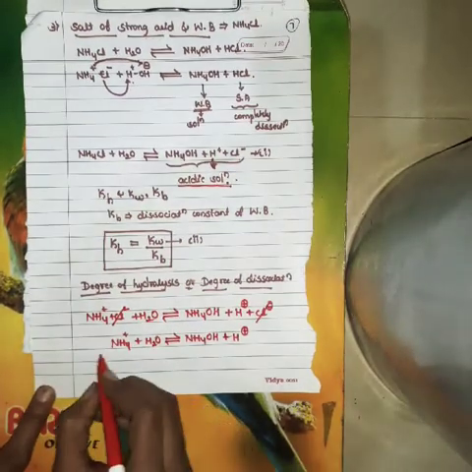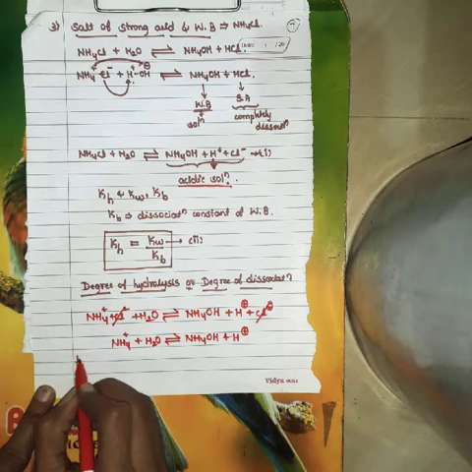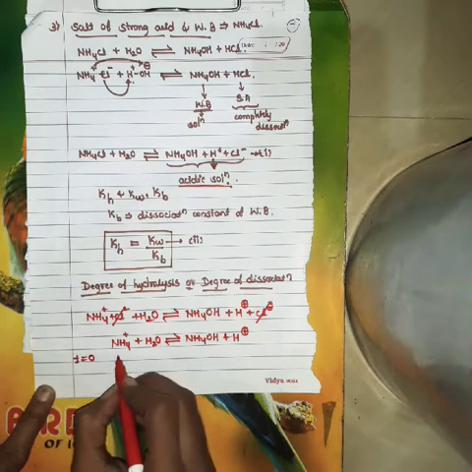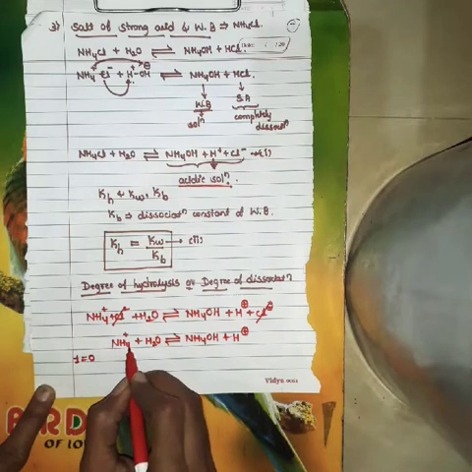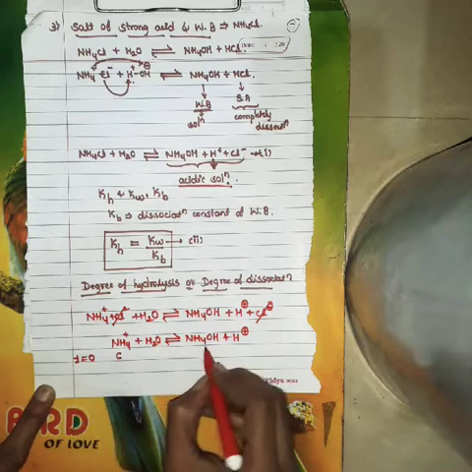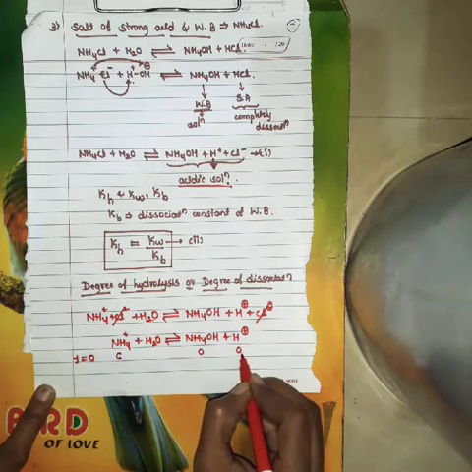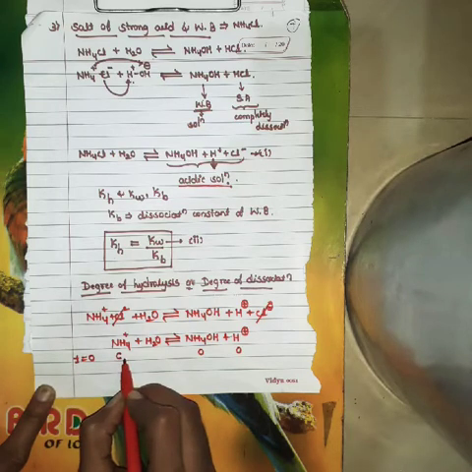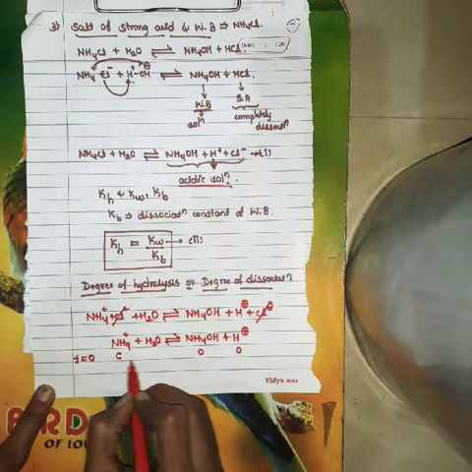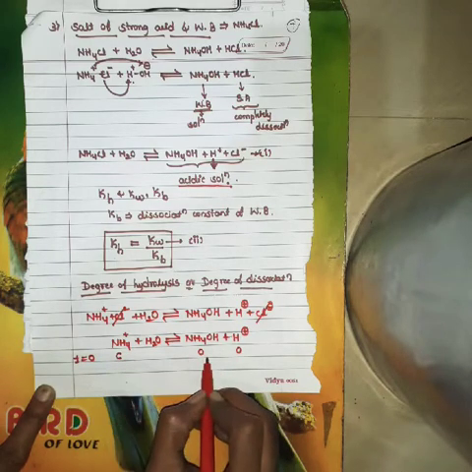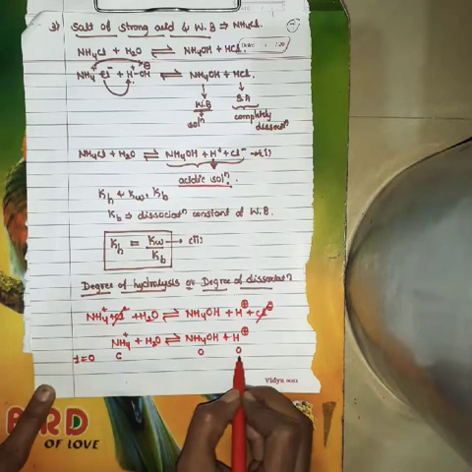Therefore we have to calculate the degree of hydrolysis. At time t equal to 0, the concentration of NH4+ ion is C. At initial time there is no formation of product, therefore the concentration of product is 0.